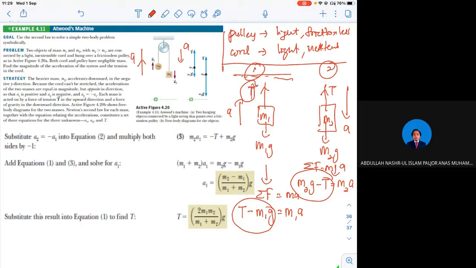T dulu sampai, baru M1G. Itu maksud saya. Maksudnya siapa force yang duduk di depan? T. Situation number 2, the acceleration going downward, who will reach the ground first? M2G akan sampai dulu berbanding T, sebab T duduk di atas. So therefore, that's how I know how to write down the equation.